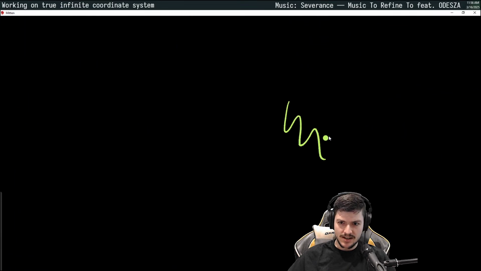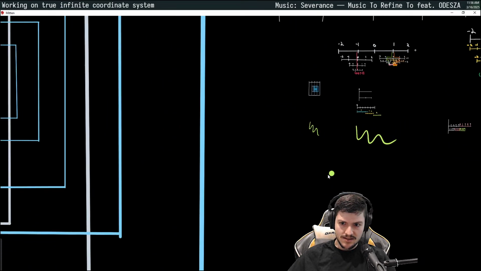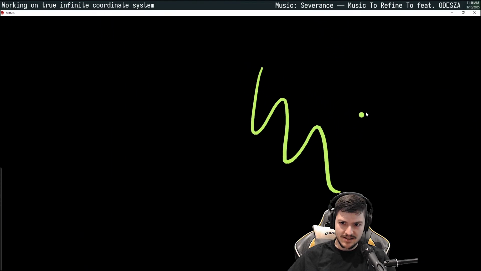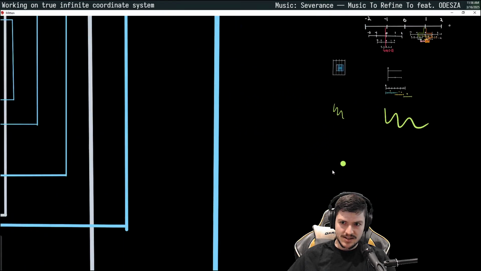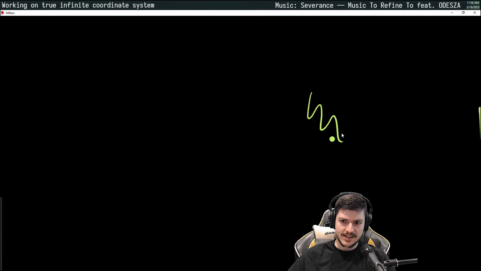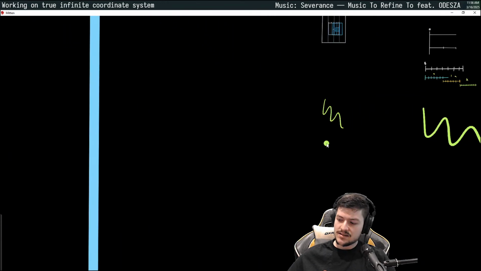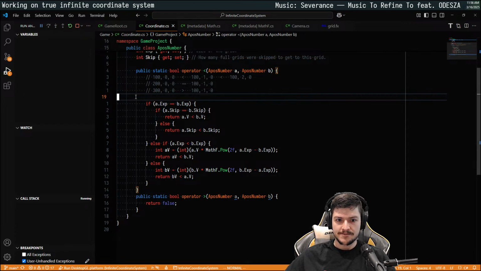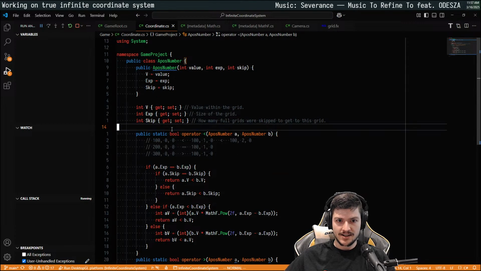Oh, is that a bug? The cursor is flickering like that. That's because it's updated at the wrong time, I guess. It's not really a bug, it's more of a visual bug. Whatever, I'll think about it later.